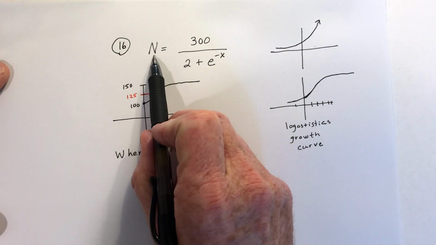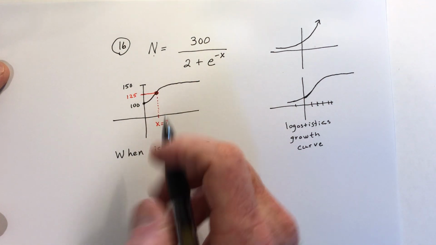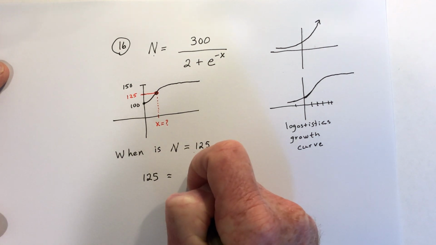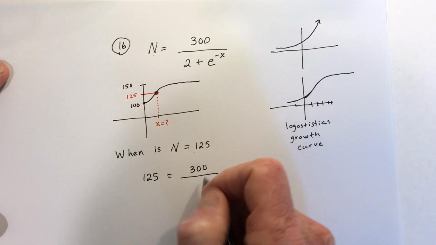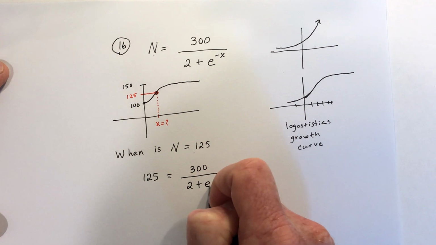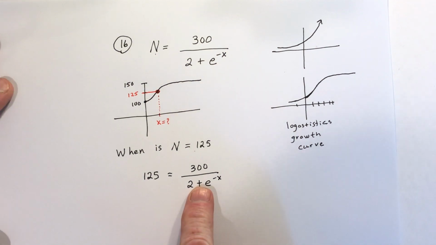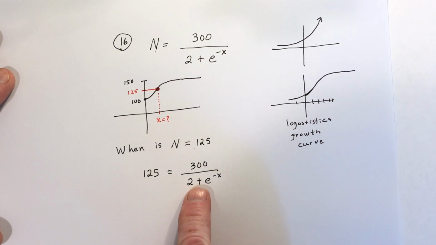So if you substitute and put n equals 125, then we need to solve for x. In order to solve for x, this part right here needs to be in the numerator.